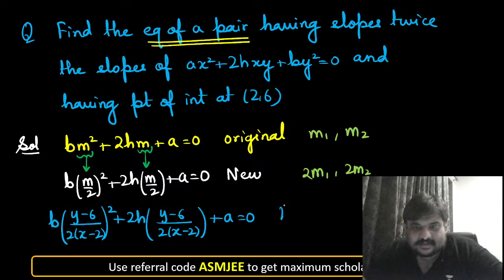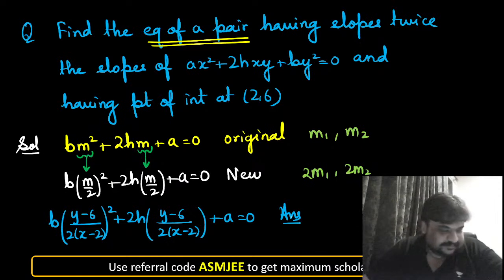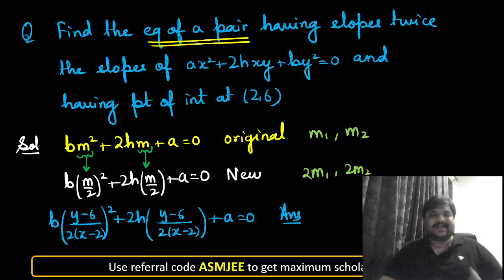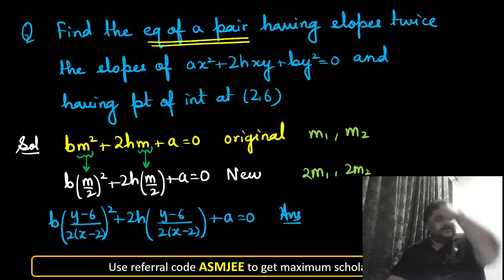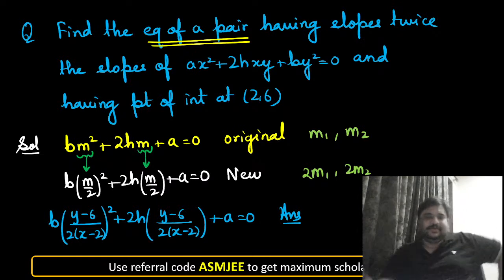And this is your answer. If you want to take LCM, you will get that big equation. But no need to take LCM, you can leave it like that only.